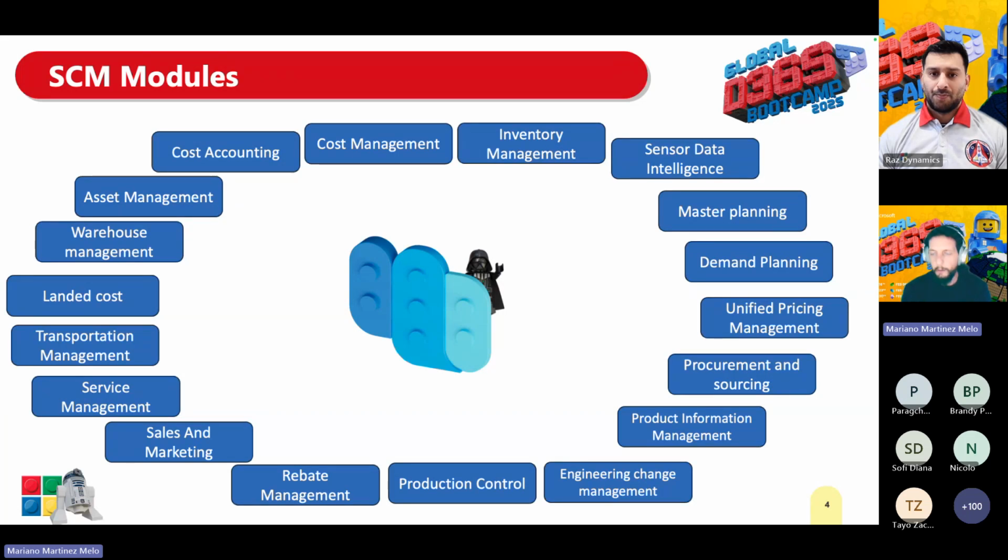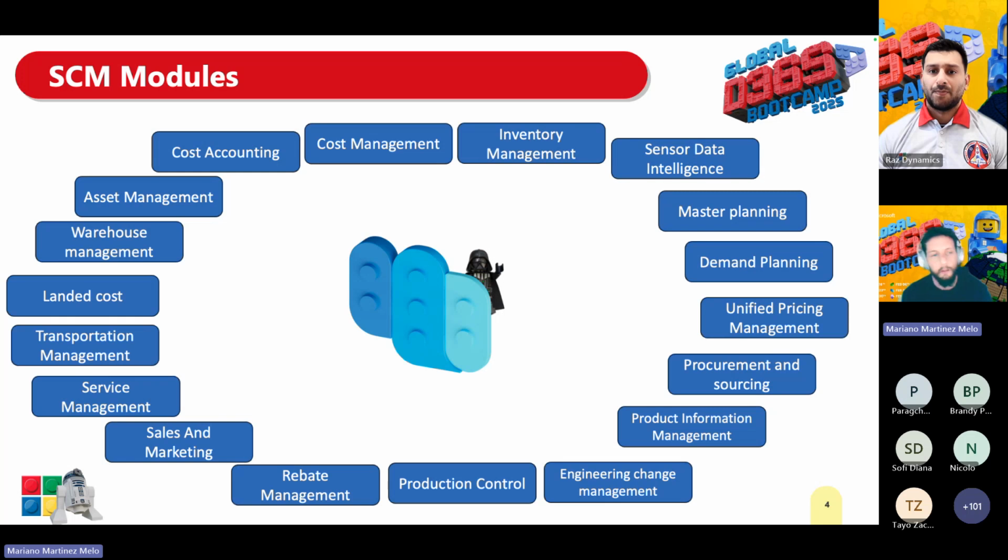Procurement and sourcing is the procurement part, where we can create our purchase orders and requirements for our company. Product information management we're going to see in a minute. It handles all the information that the product has and how we can configure a product, which versions we can handle, and so on.